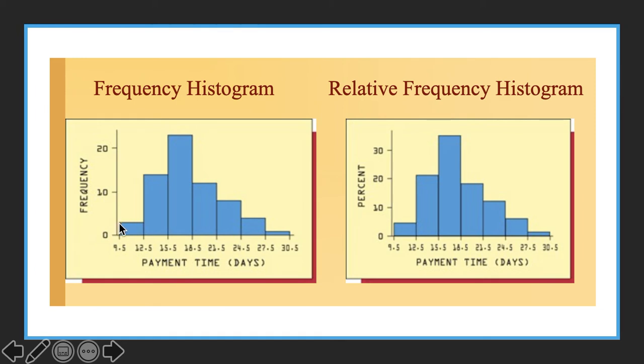Wala kasi tayong value dito. Pwedeng 3, pwedeng 4. Now, for the number of payments falling in the range of 12.5 to 15.5 payment days, has a frequency of possibly 14, no? Kasi below half pa siya ng 15, no? So, mga tipong ganun. Okay?